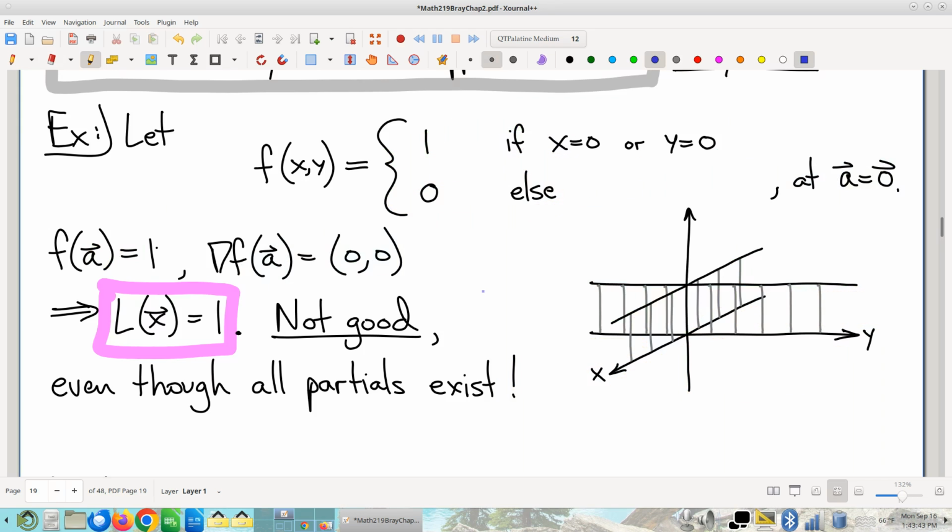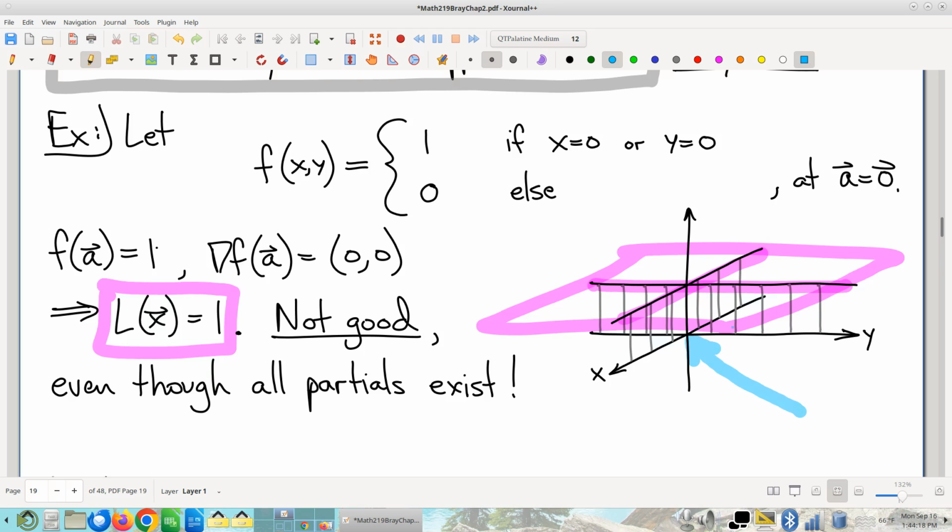Now, is that a good linear approximation? Is this a success of that formula, or is this an embarrassment of that formula? Well, let's think about it. Here's what 1 looks like. It's got the value 1 everywhere. It's just going to be basically the plane containing these two elevated lines on the graph. And how good of an approximation does that do as I approach the origin, let's say, from somewhere in the first quadrant?